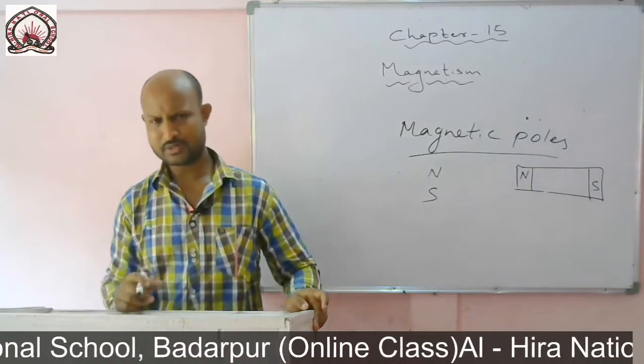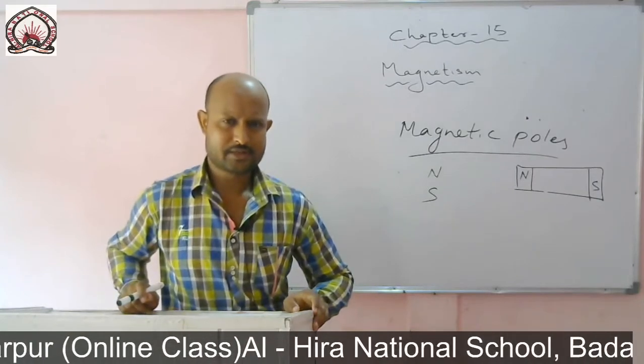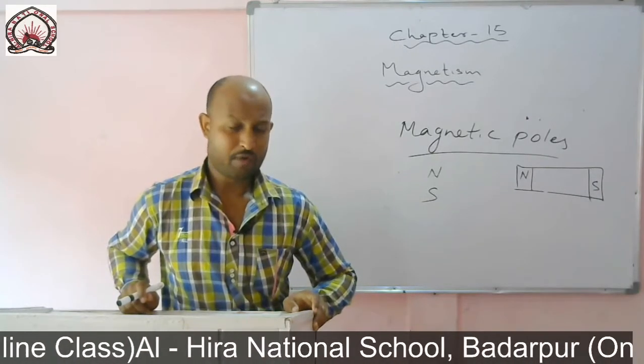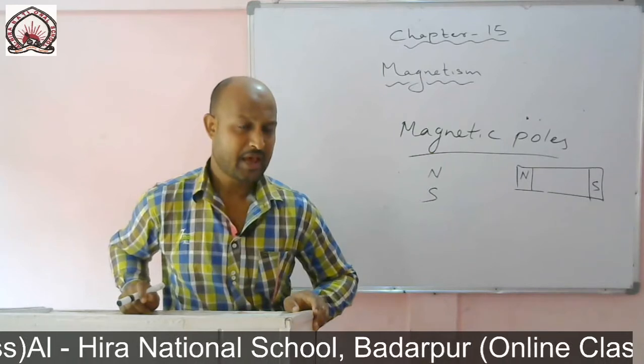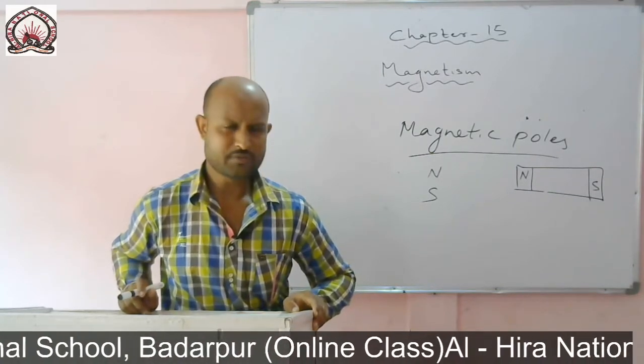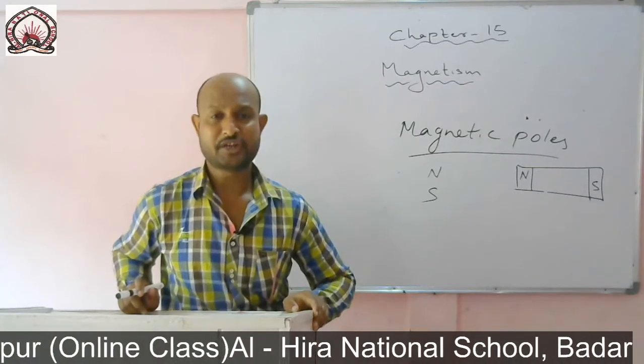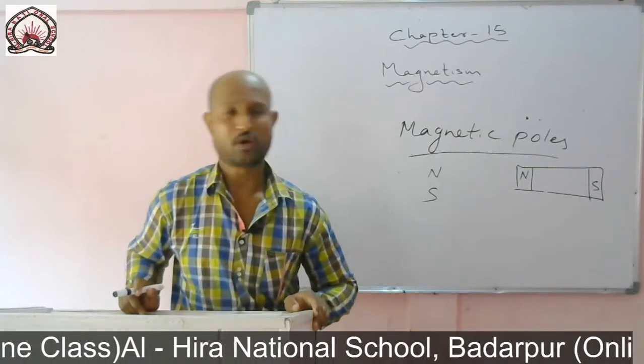These poles are also considered the part of the magnet which has more magnetic power. That means most magnetic substances get attracted to the poles of the magnet.